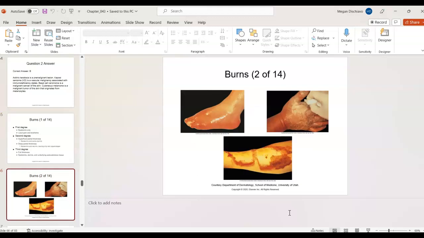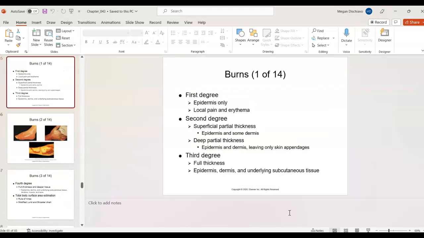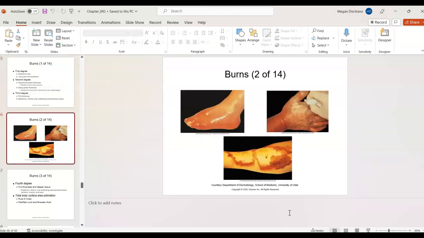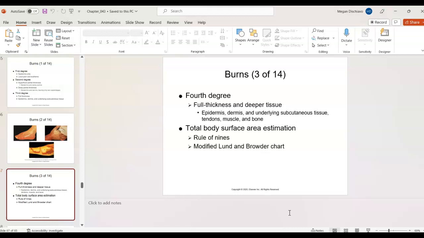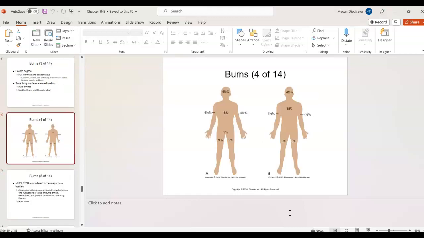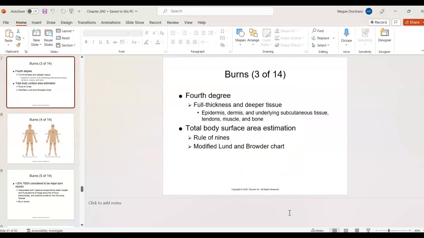Burns is another thing that I wanted to briefly touch on. Know the different degrees of burns, which are the most dangerous, which are the most deadly. Obviously, you can have a lot of issues with burns because of water loss. And know this breakdown. It's called the rule of 9s. There it is there.